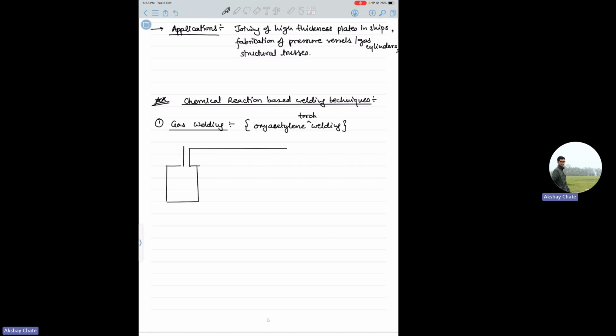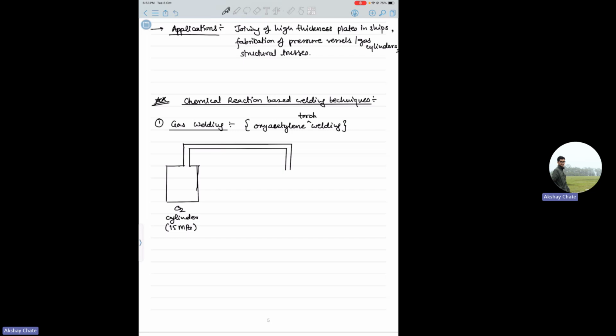So there is one oxygen cylinder like this. This will be your oxygen cylinder. Typically it is at higher pressures, like 15 megapascal, or 150 bar or something.